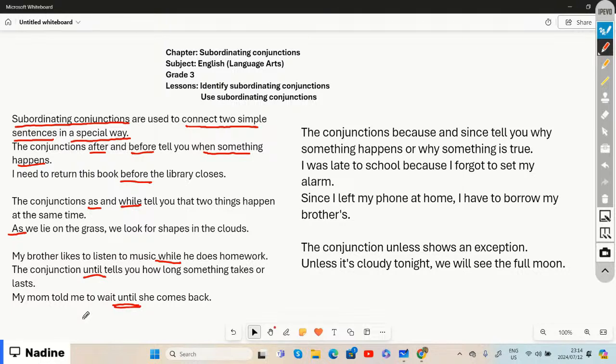So until basically tells us how long something lasts or how long something takes. And then we also have the conjunction because, and the conjunction since.